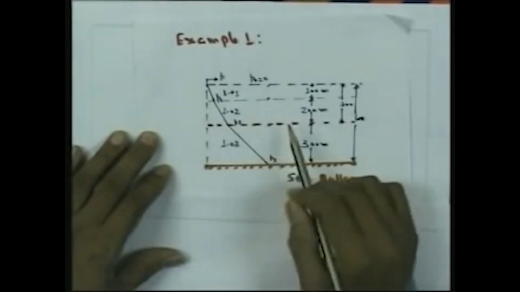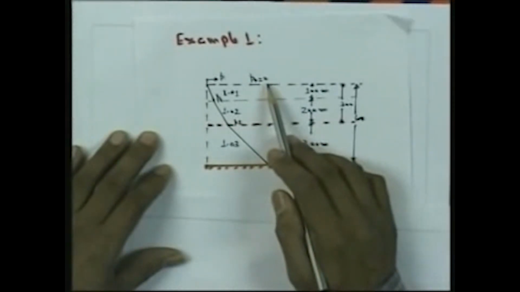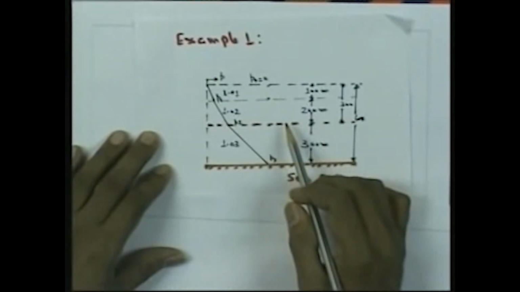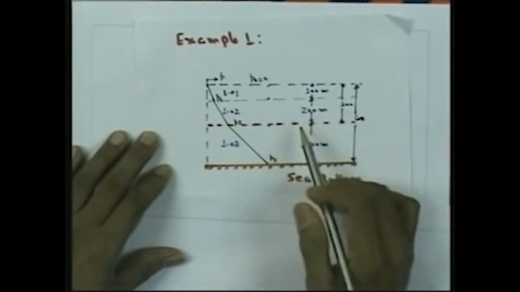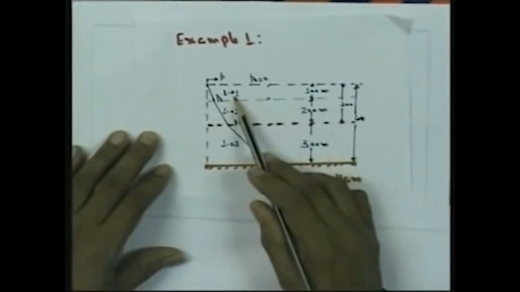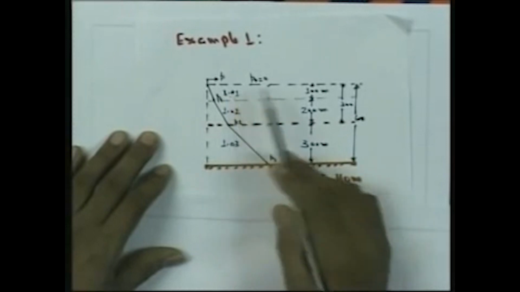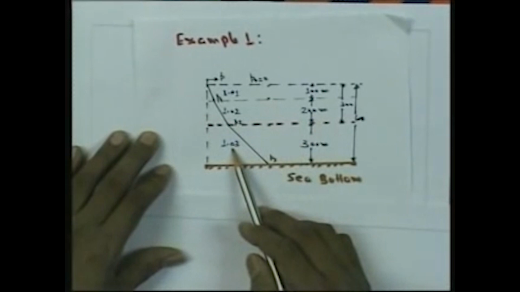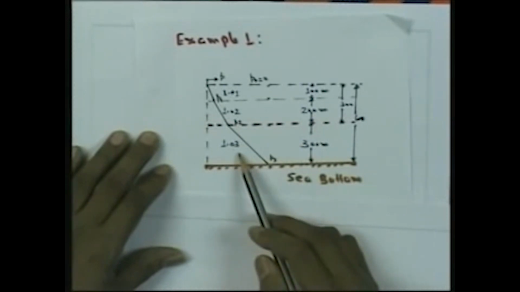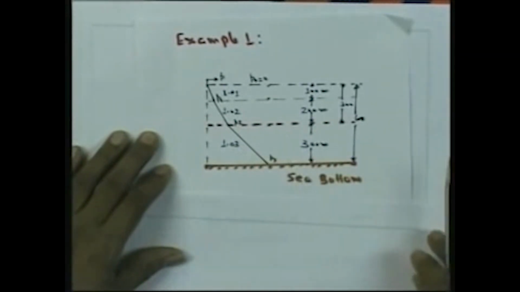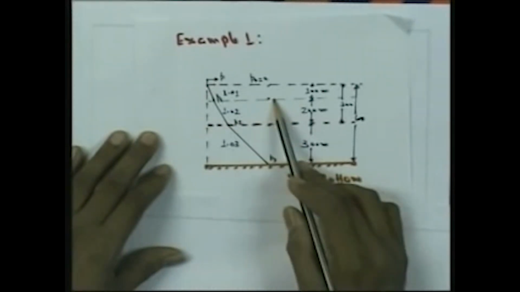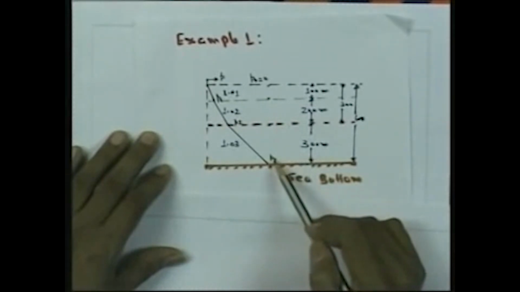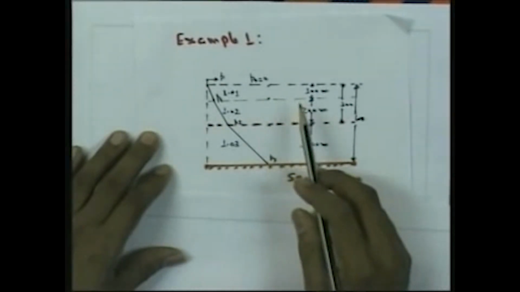The atmospheric pressure can be considered as 0, and at this spot the specific gravity values of salt water in each of the constant density layers are given. For the first layer the density is 1.01, the second layer 1.02, and the third layer 1.03. We have to determine the pressure at the various interfaces. You can see here there is one interface, and here the second interface, and below at this position also we have to determine the pressure.